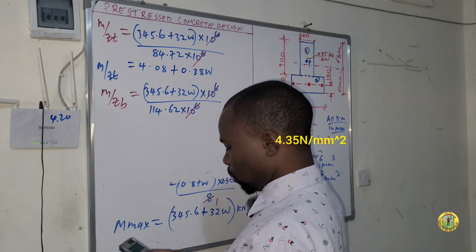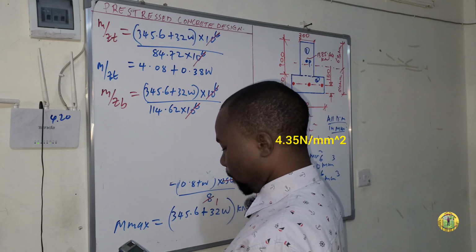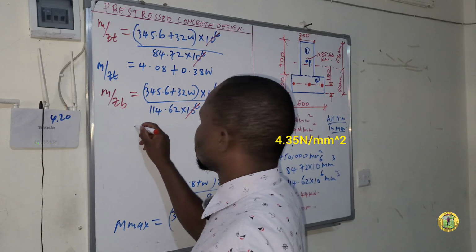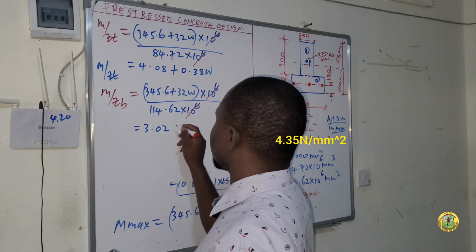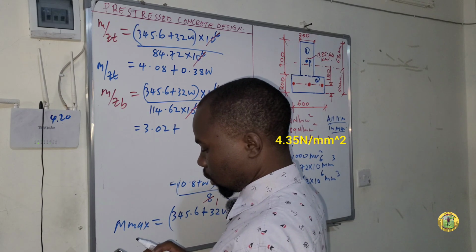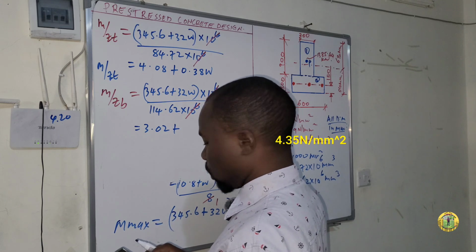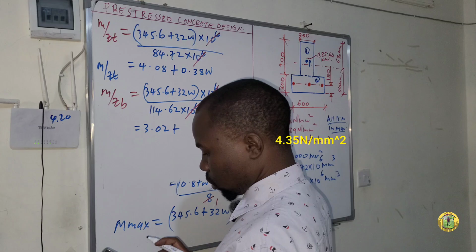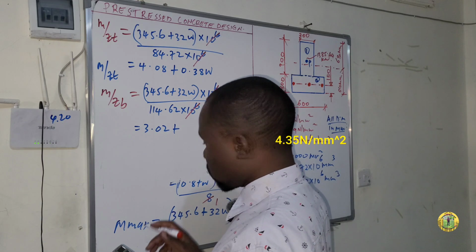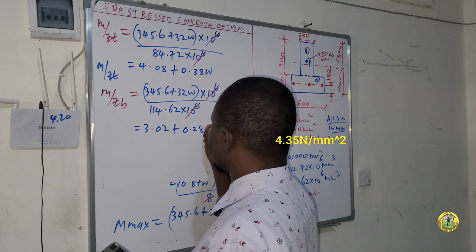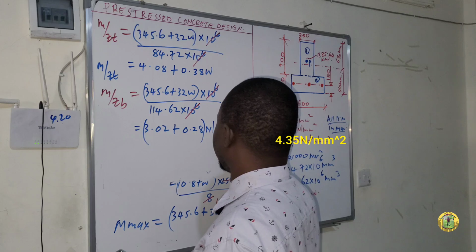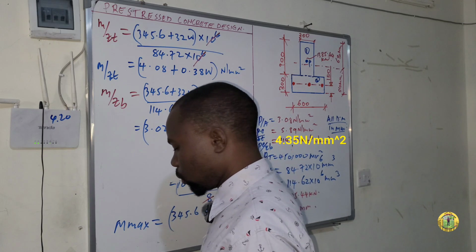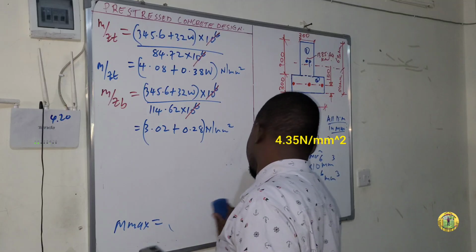So 345.6 divided by 114.62, you will get 3.02, plus 32 divided by 114.62, plus 0.28 W. This whole thing is in Newton per millimeter square, as well as this.